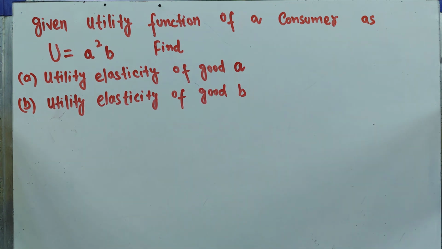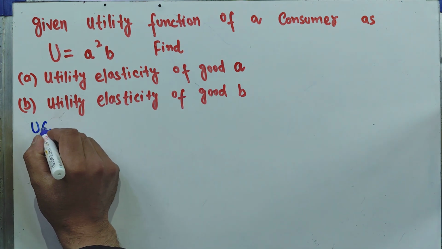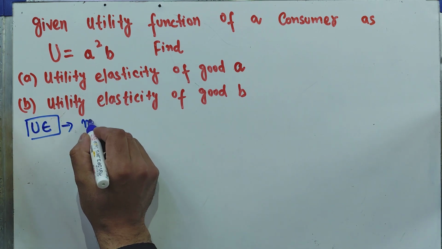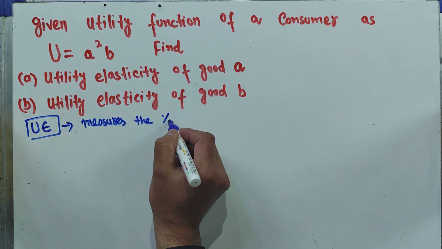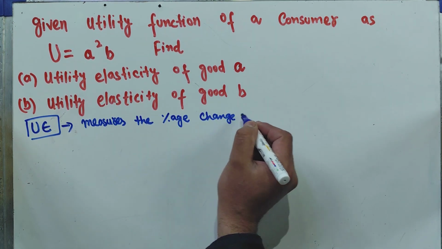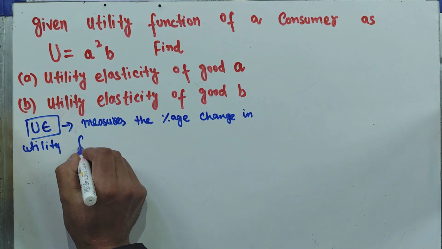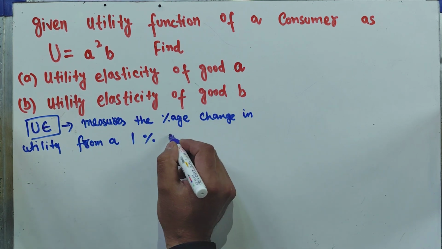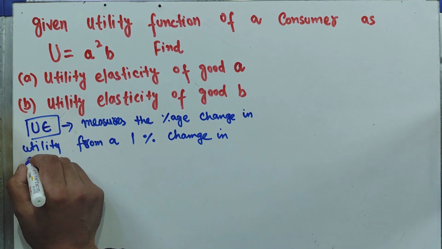Utility elasticity, let us write it as UE to save space, measures the percentage change in utility from a 1% change in consumption.